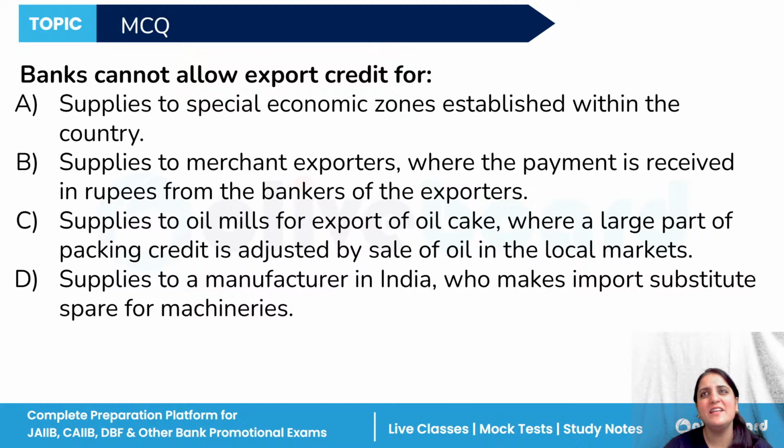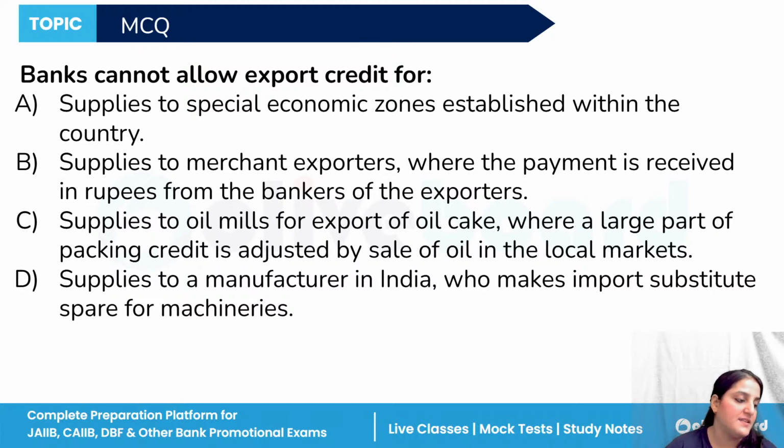It typically includes packing credit, post shipment credit, and other forms of financial support. And if we talk about the permissible transactions, export credit is generally allowed for various types of supplies, which includes special economic zones, supplies for exports, even if the exporter sells some products in the domestic markets.